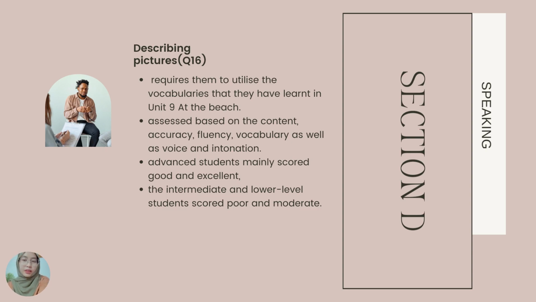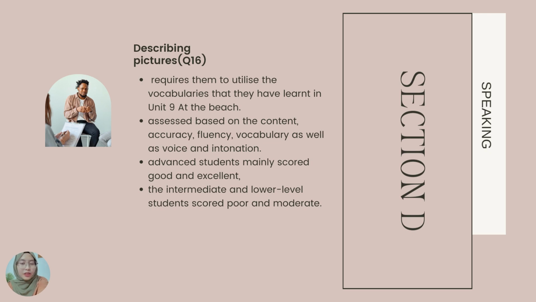Finally, for the speaking task, students are required to talk about four pictures in the correct order and guess what will happen in the fourth picture. This question requires them to utilize the vocabulary that they have learned in Unit 9 at the beach. They are assessed based on content, accuracy, fluency, vocabulary, as well as voice and intonation.